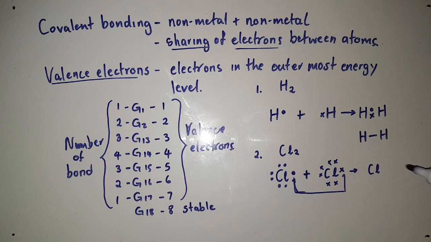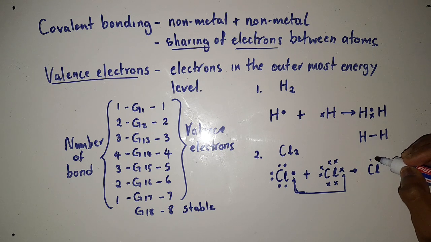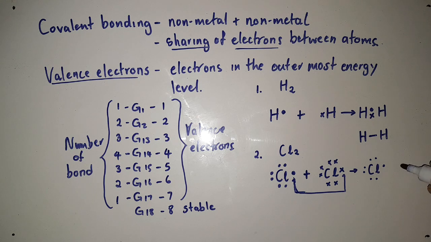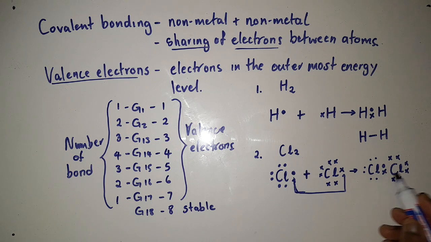We have Cl 1 2 3 4 5 6 7. Then it's going to pair with this Cl such that they form a dot with an X. It's so simple like this. Now we get a chemical bonding between Cl together with another Cl there.